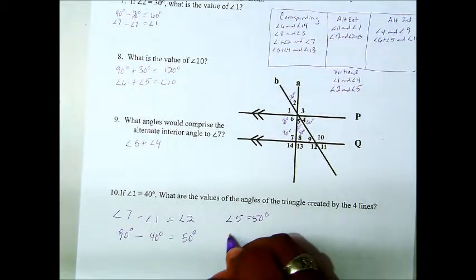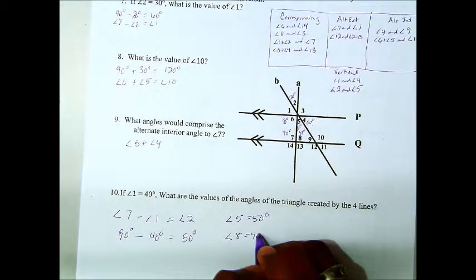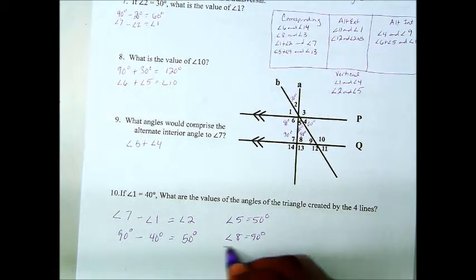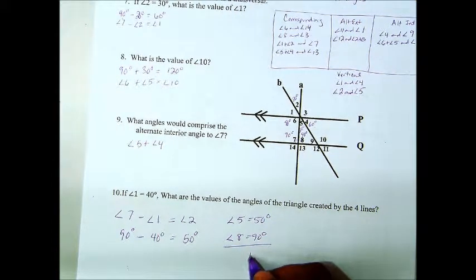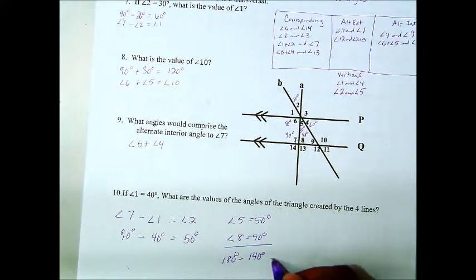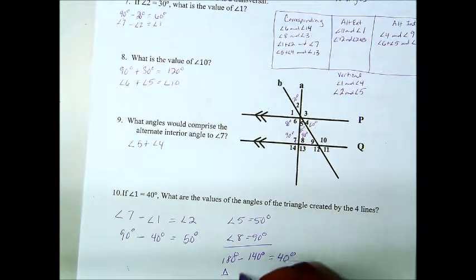I know angle 8 equals 90 degrees. And I know that a triangle has to equal 180 degrees. So 50 plus 90 is 140 degrees. So 180 degrees minus 140 degrees leaves me 40 degrees. This is the triangle minus angle 5 plus angle 8.